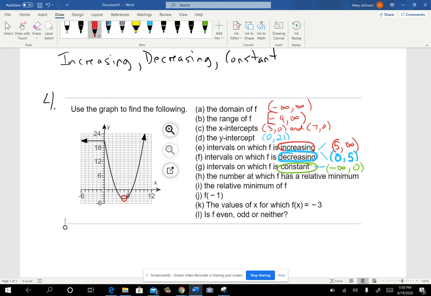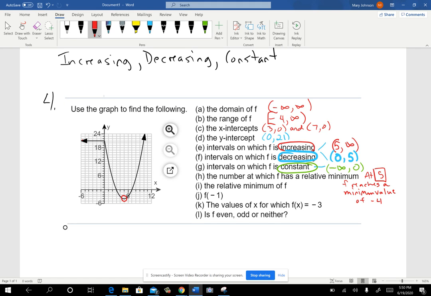So the number at which f has a relative minimum. So at 5, f reaches a minimum value of what appears to be -4. And so since it said the number at which f has a relative minimum, your answer would be 5.